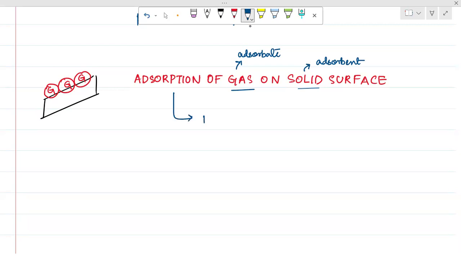One is physisorption, and the next one is chemisorption. Physisorption and chemisorption. These two types of adsorptions depend on what?